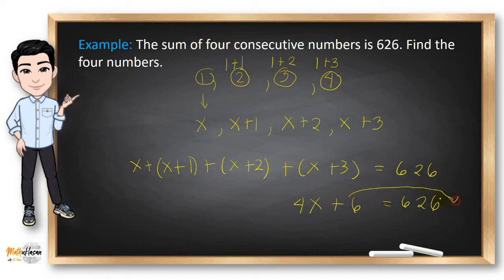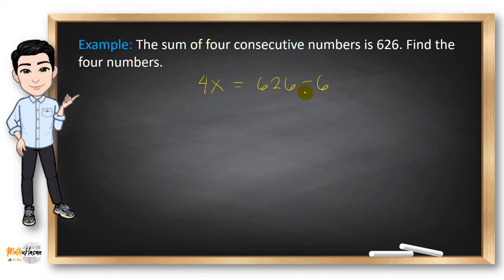Transposing the value of 6 to the other side of the equation, we'll have 4x equals 626 minus 6. Now, 626 minus 6 is 620, and we have 4x here. Divide both sides by 4, we'll get x equals 155. So the first number is 155.